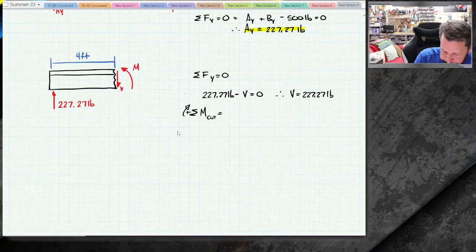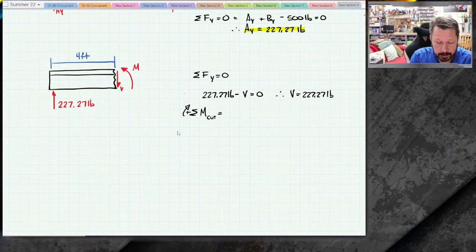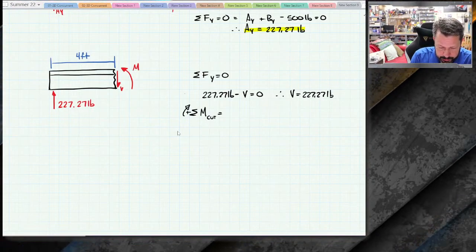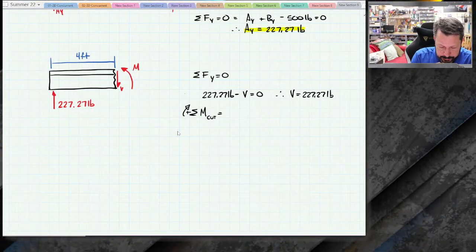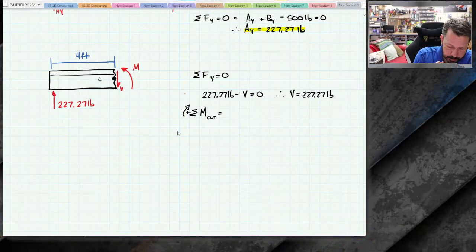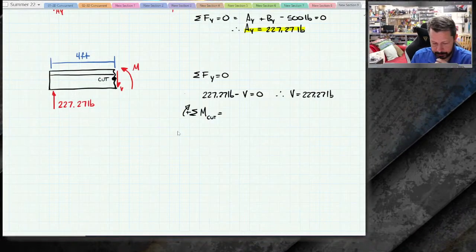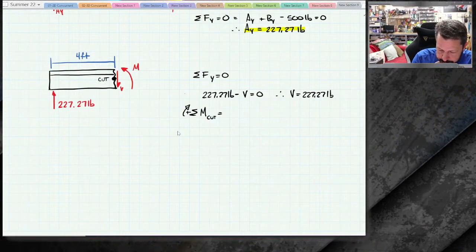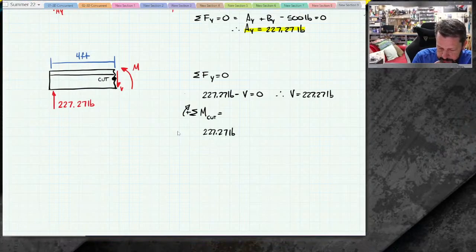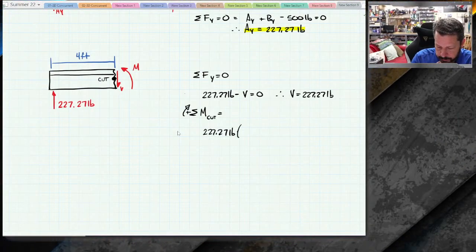All right. But you will see a lot of counterclockwise positive, and it's fine. So what I've drawn here, if clockwise is positive, and I'm doing the moments about this point right here, that's where I'm calling my cut point, then I've got 227.27 pounds. It has a moment arm of 4 feet.